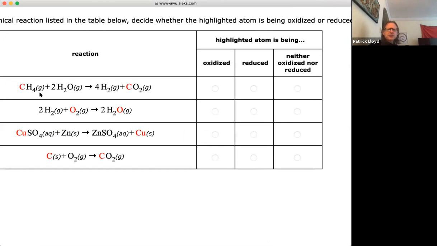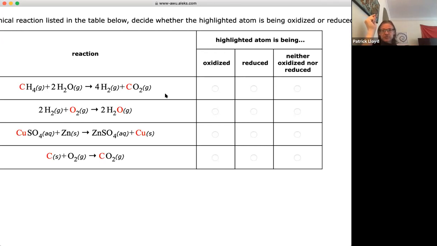The first one is just carbon in red. This is not that different from the one we looked at before. What you would do is assign an oxidation number to the element here, and then assign an oxidation state to the element over there, and see if there's any change. And if there's a change, it's a redox reaction.